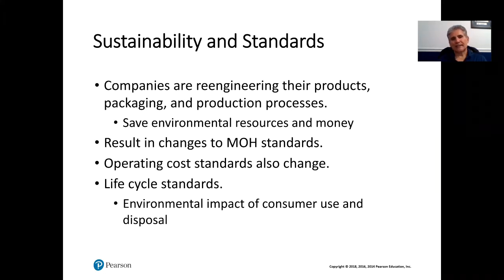We incorporate sustainability and standards, or we merge sustainability and standards. Companies are re-engineering their products, packaging, and production process to do a number of things, certainly to save cost, because companies are always looking for ways of doing things better and faster and saving money. But also in terms of sustainability, we're looking for ways to save environmental resources and money.